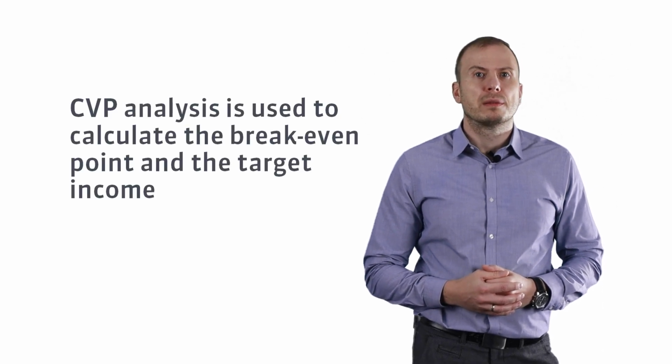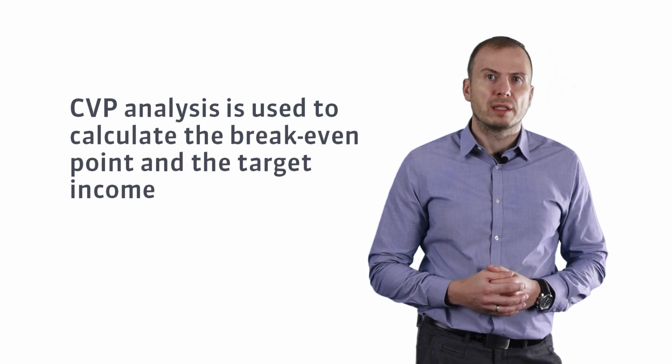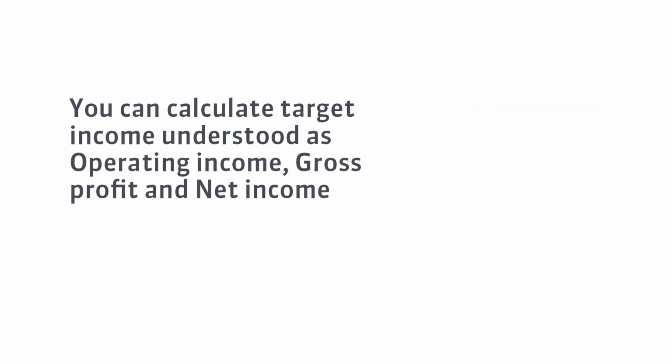Time for some conclusions. First, CVP analysis allows you to calculate not only the break-even point, but also target income. Second, you can calculate target income understood as operating income, gross profit, and net income.